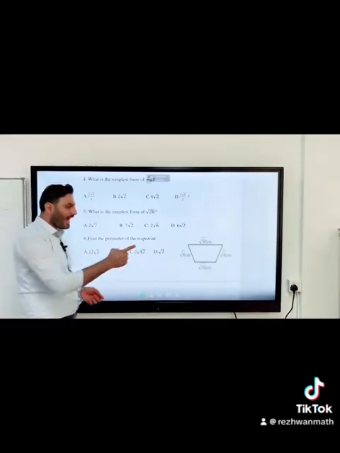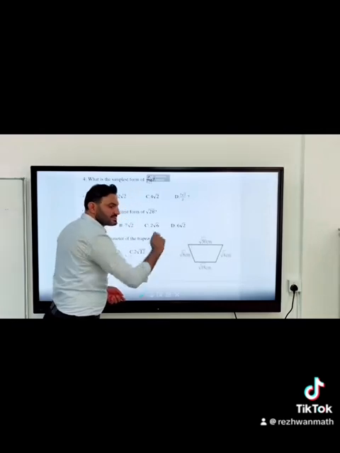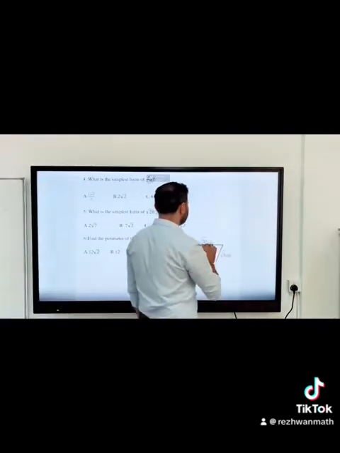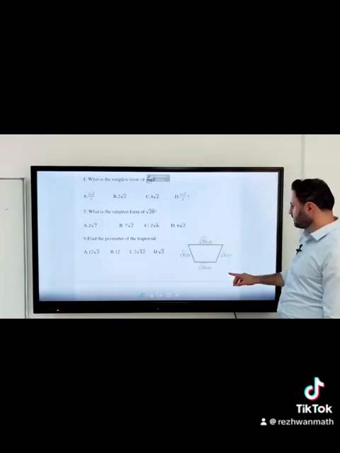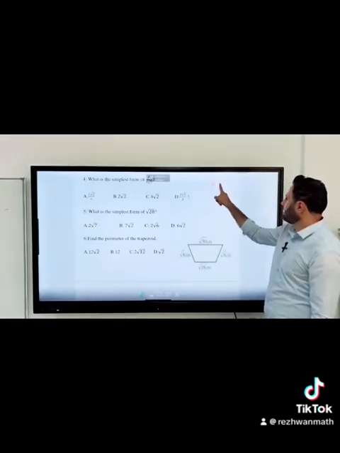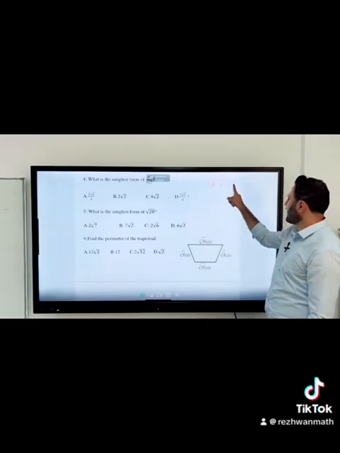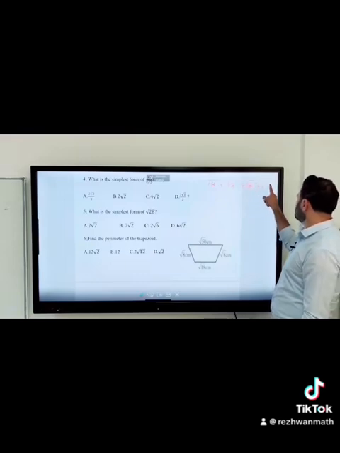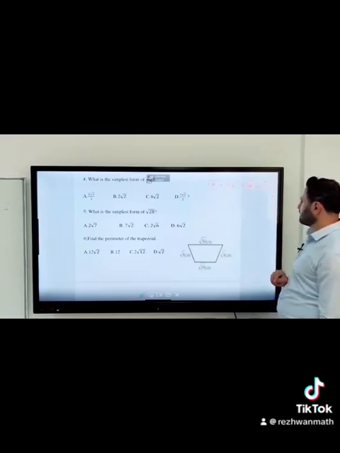You have to add each side of the trapezoid together. Now, we have square root 8 plus square root 8 plus square root 18 plus square root 50.